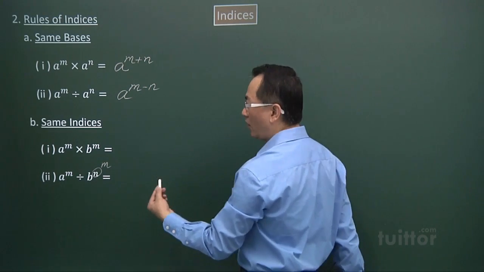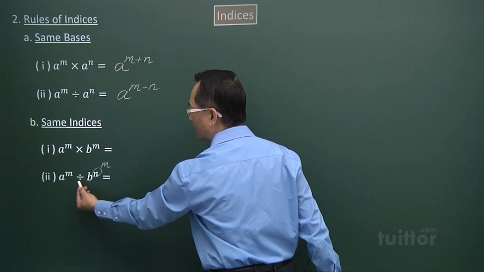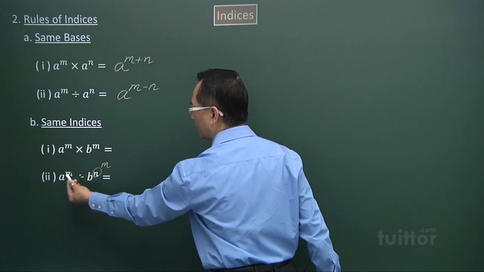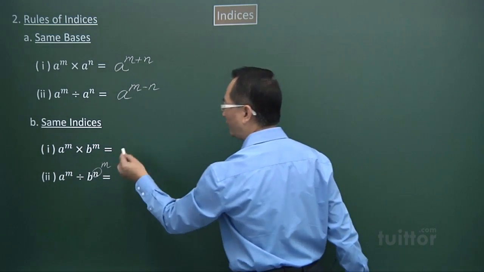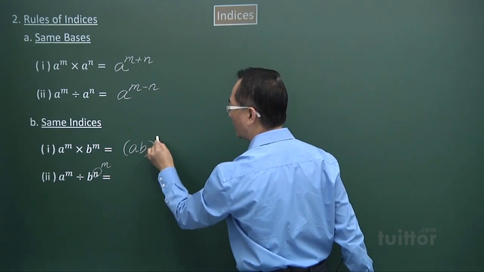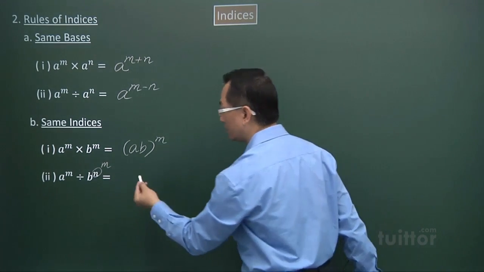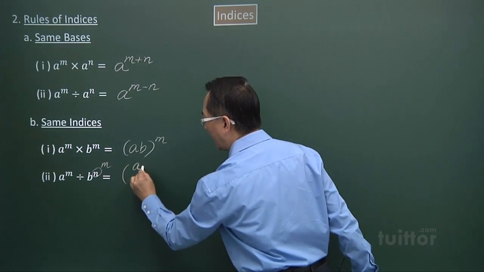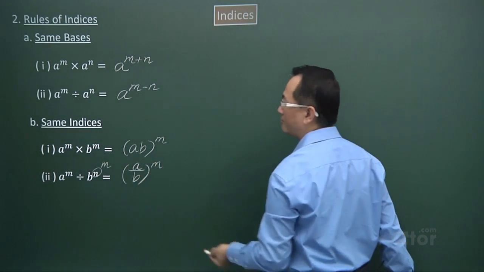But in part 1, we have product, and in part 2, we have quotient, multiplication, division. So we have here a times b to the power of m. Next, in part 2, we have a divided by b to the power of m.